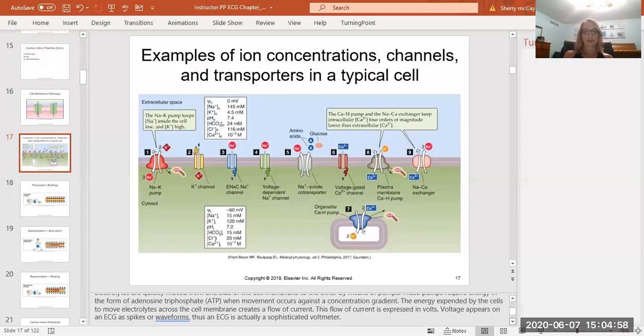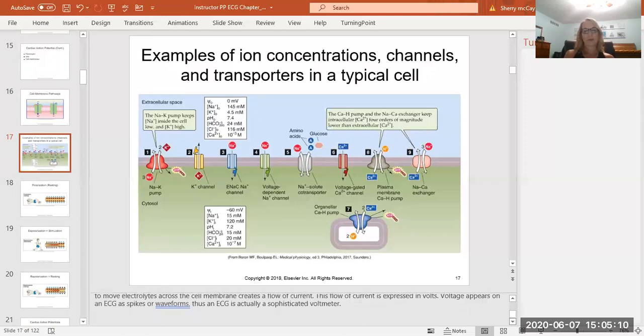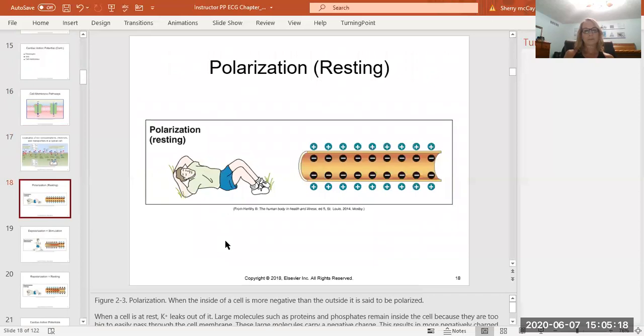Voltage appears on an ECG, okay, as spikes or waveforms. Thus, an ECG is actually a sophisticated voltmeter. So again, these are all different pathways and ways for things to move, okay?